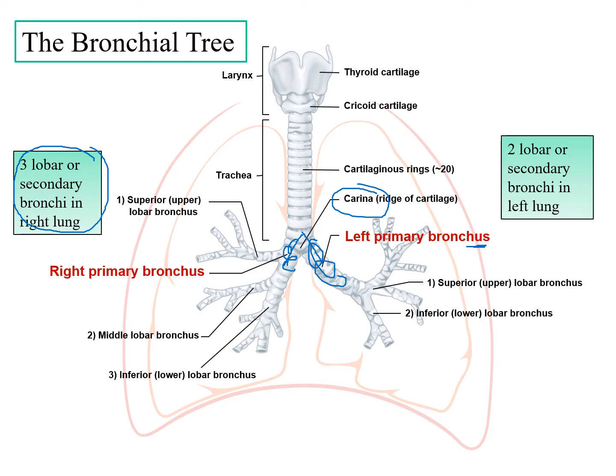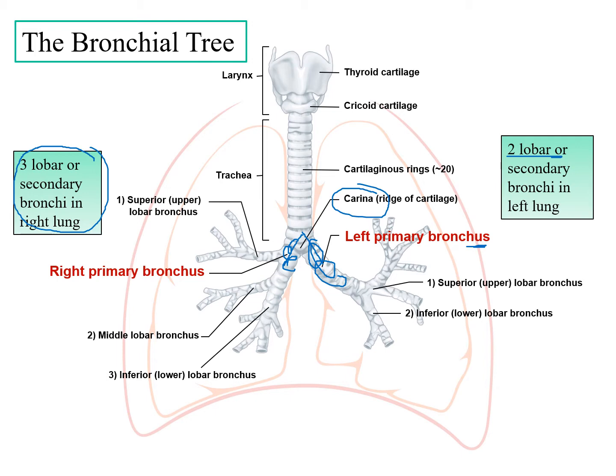And on the left side, with just 2 lobes, we have 2 lobar or secondary bronchi. And those secondary bronchi in turn split into what are called segmental or tertiary bronchi. You can look on page 739 of your text, and it lists there those branches of the bronchial tree.